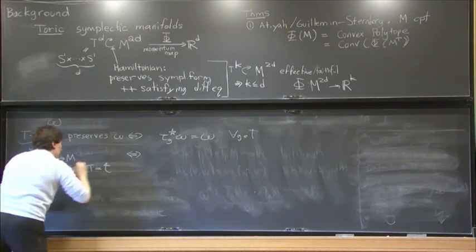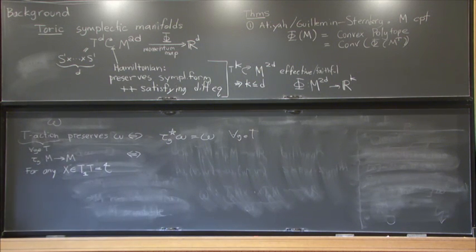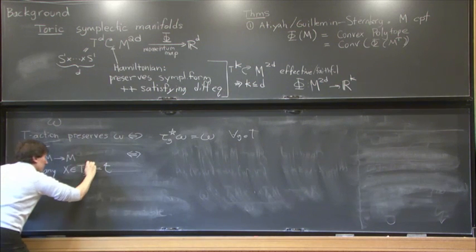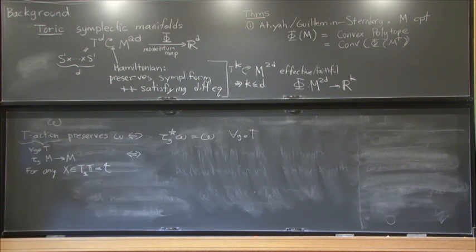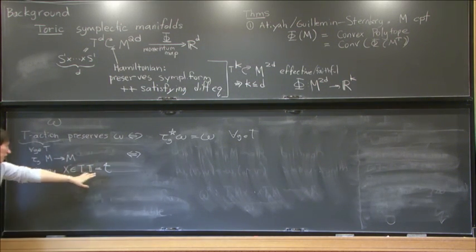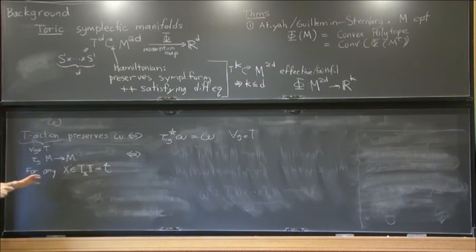Okay, so I look at the tangent space to the torus. Sorry about the notation. Maybe I should draw the torus like that so the tangent space doesn't look the same. This is just the Lie algebra. For every x in here, I can exponentiate that down into the group, look at how that one parameter subgroup is acting, take a derivative, and I get tangent vectors to my manifold.